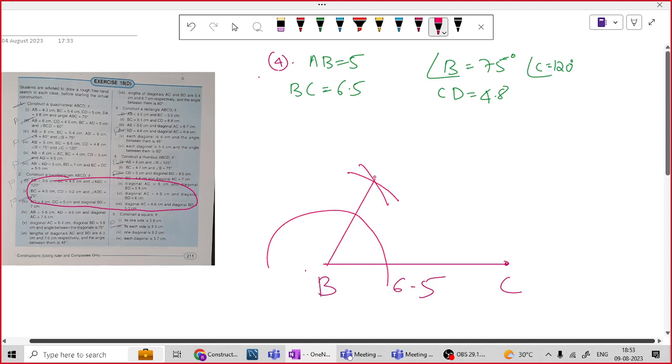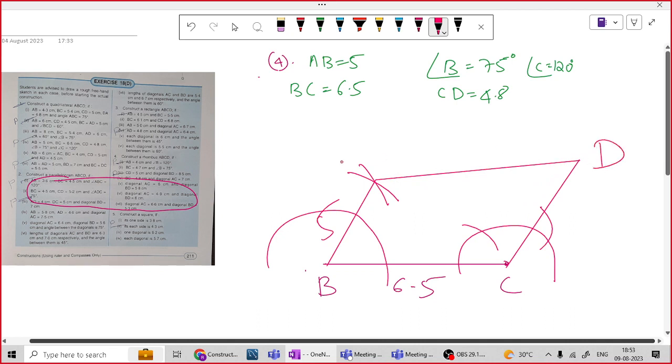You got this one, AB as 5. I constructed the whole quadrilateral. Okay, this is 60 and 120. Are you getting a diagram somewhat like this? Yes, sir. Now you measure AD using a scale.